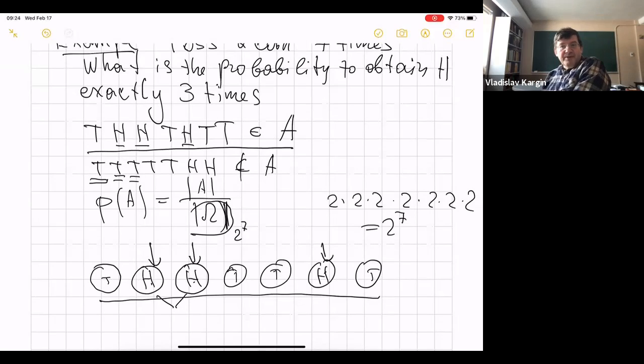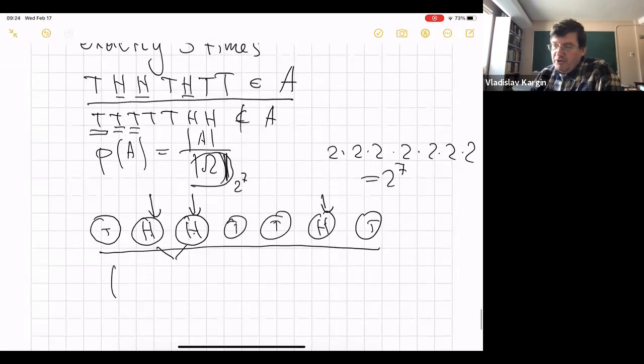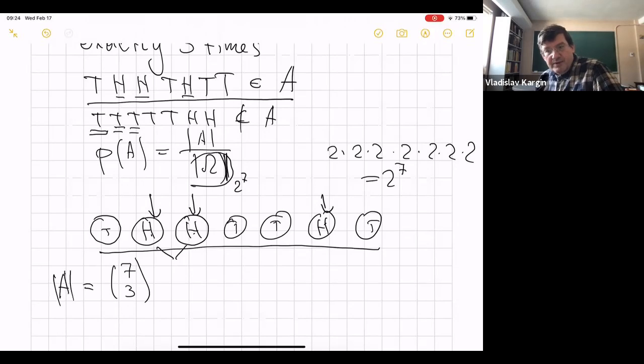So it's a problem of selecting a committee of tosses, selecting which tosses will be heads. So I easily conclude: 7 tosses, I select 3 of them, so it's 3 out of 7. This is the number of possible selections, so it's the number of outcomes in the event A.